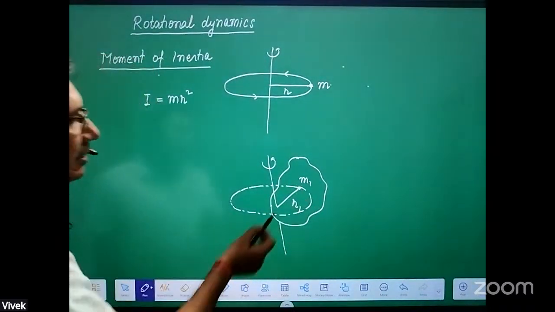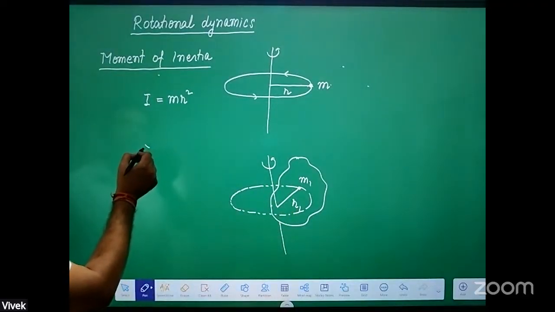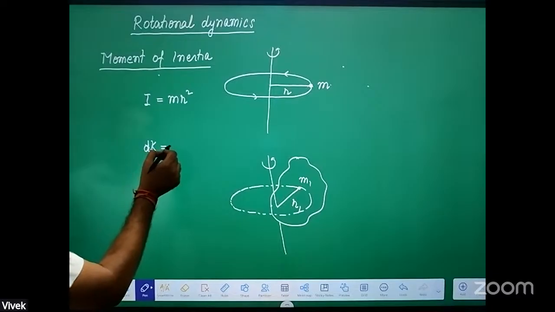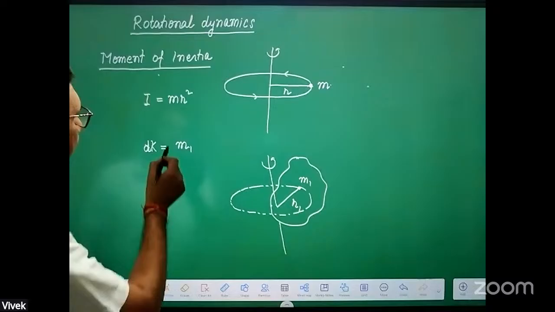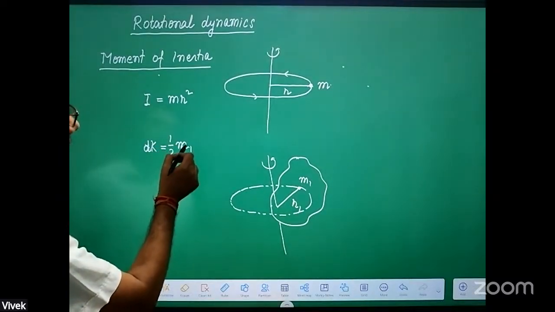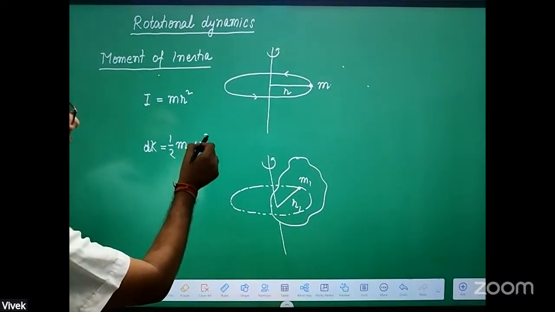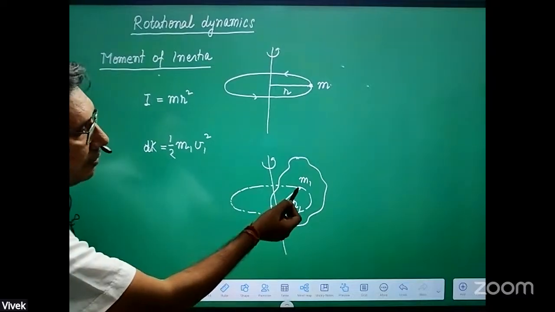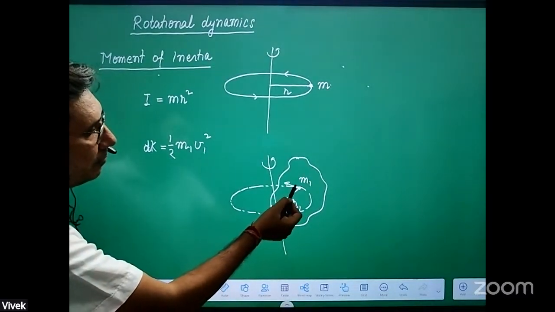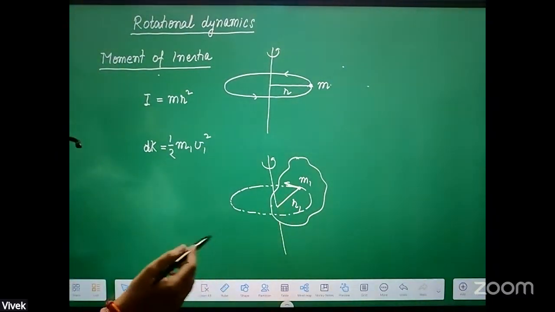What will be its kinetic energy? The kinetic energy of this particle, dK, will be half m1 v1 square. Now, what will be v1 when it is undergoing rotation? v will be equal to r omega.